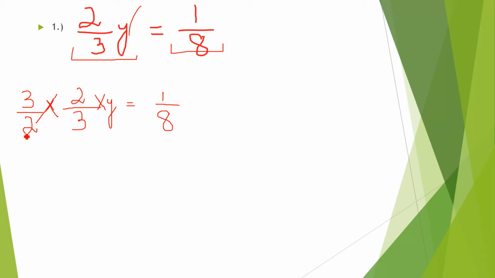You can do the cross cancelling like this, 2 one time, 2 one time, 3 one time, 3 one time. You can divide like this, numerator and denominator, but never cut numerator to numerator or denominator to denominator. Cross, right? Multiplication sign is like this.